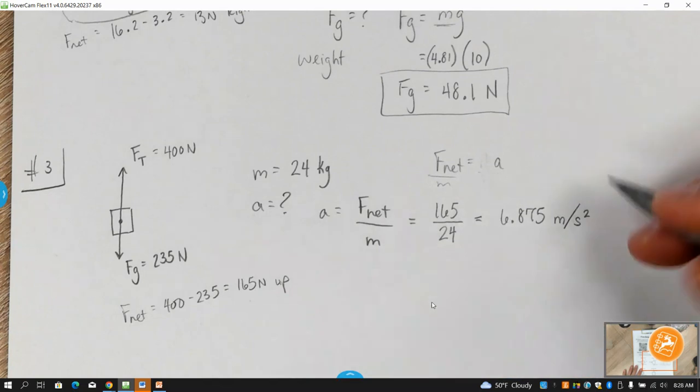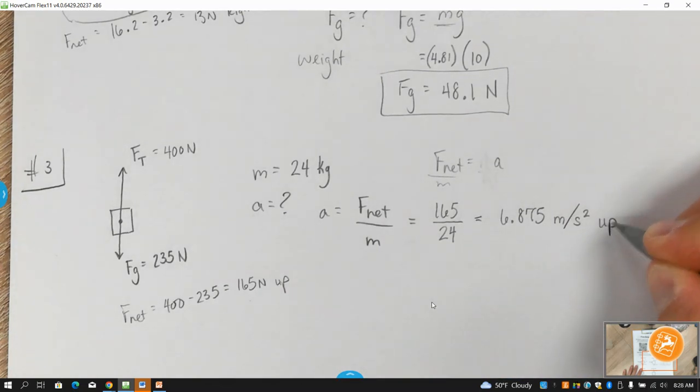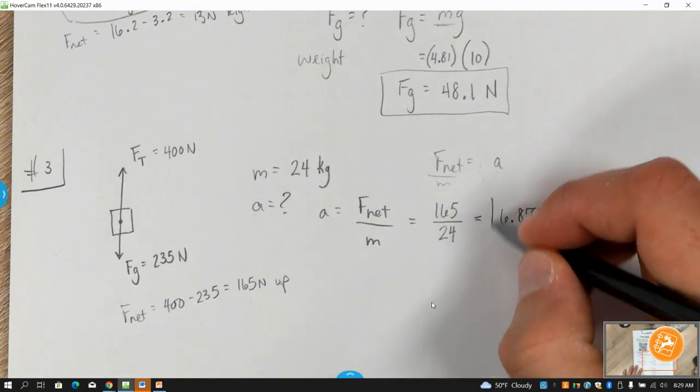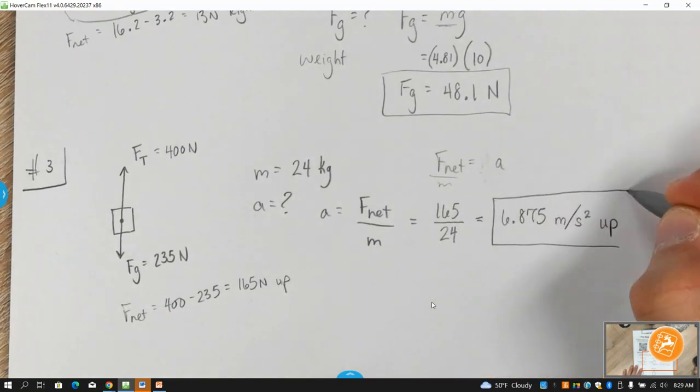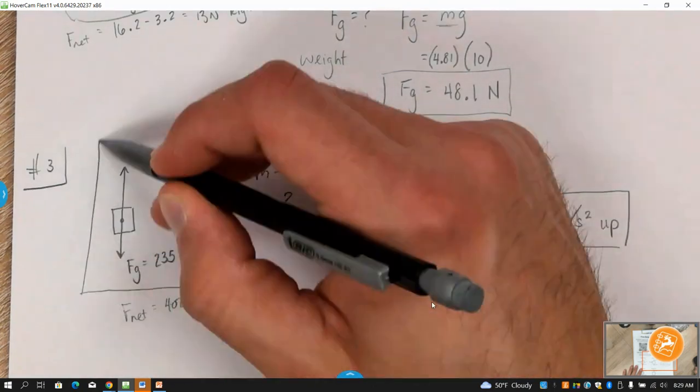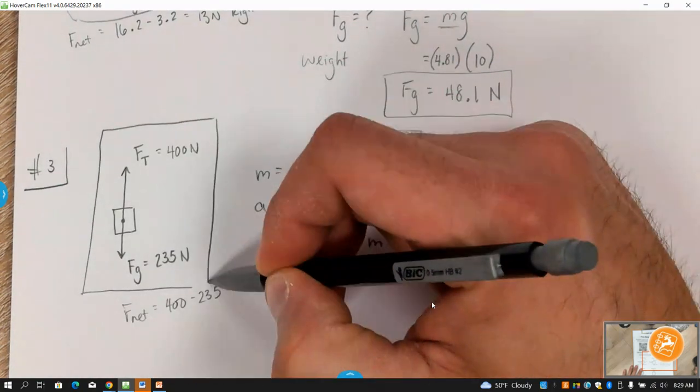If the net force is up, the acceleration is up. And would you say that he's speeding up? Yeah, speeding up. All right, so we have our acceleration, sweet, and we have our fully completed free body diagram.